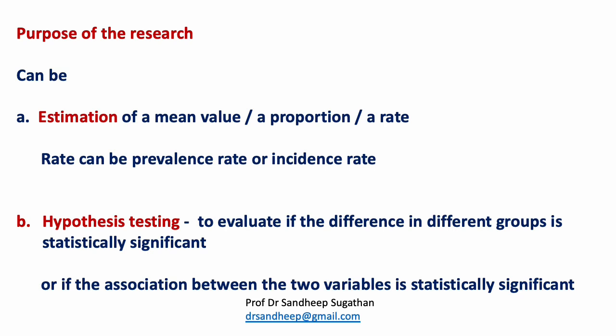Estimation of a proportion. You want to know what percentage of the population is diabetic. So estimation of proportion of diabetics in the population, or estimation of prevalence of diabetes in the population. Or a rate: estimation of case fatality rate of dengue fever, estimation of case fatality rate of COVID-19, like that.